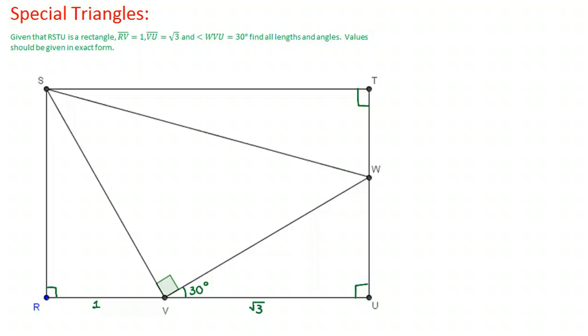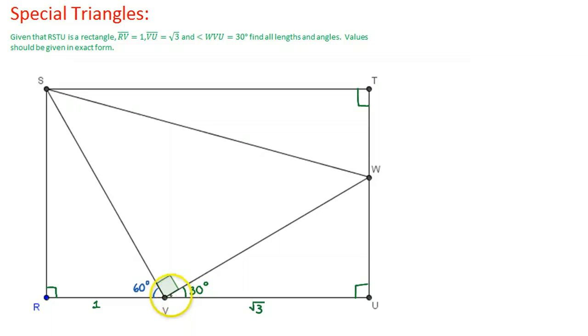Now, we know there are 180 degrees in a line, and angle WVU is 30, angle WVS is 90, that means angle SVR is going to be 60 degrees.